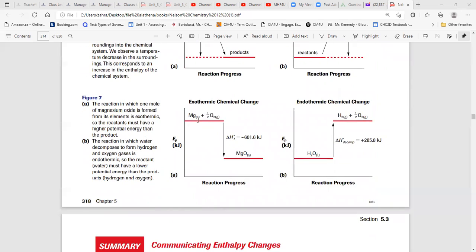Here is the example, Mg plus half O2, you put it as a reactant, and MgO is going to be your product, exothermic, and you write the delta H of this reaction. You need to be able to draw this if it is asked for. Same thing for endothermic, H2 and O2 there is going to be absorbing 285.8 kilojoules.